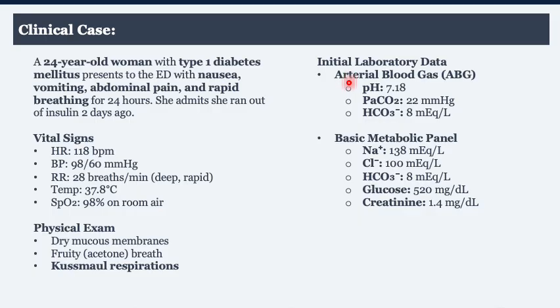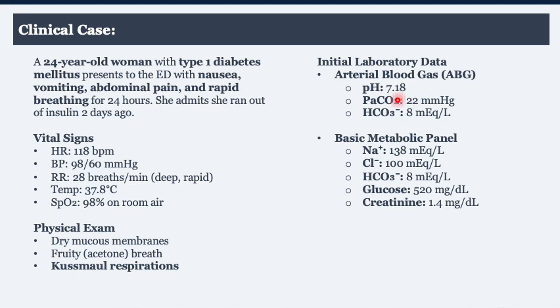So your initial labs likely would have the chemistry first. Then you would want to get the arterial blood gas. But sometimes in the ER, all the information comes to you at one time.